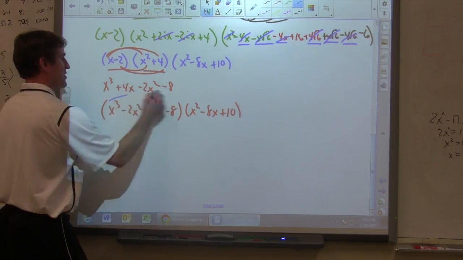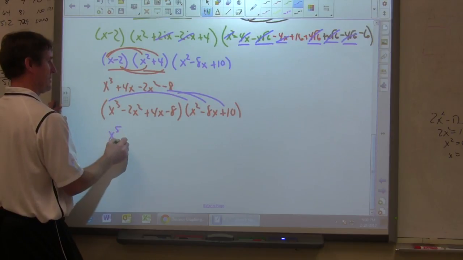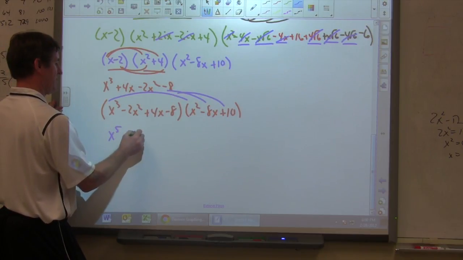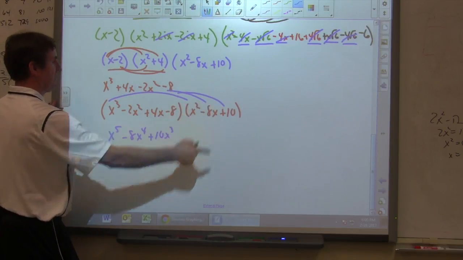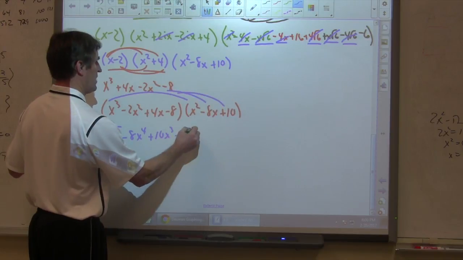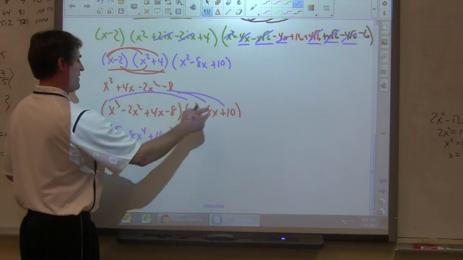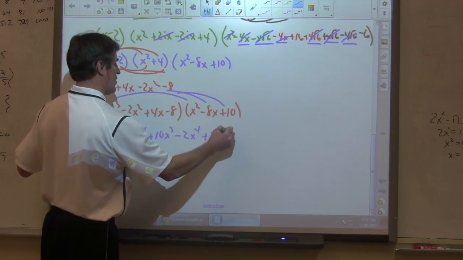So I have to go x cubed times everything. So x to the 5th minus 8x to the 4th plus 10x to the 3rd. Now I'm going to take negative 2x squared times everything. So negative 2x squared times x squared is a negative 2x to the 4th. Negative 2x squared times negative 8x is a positive 16x cubed.